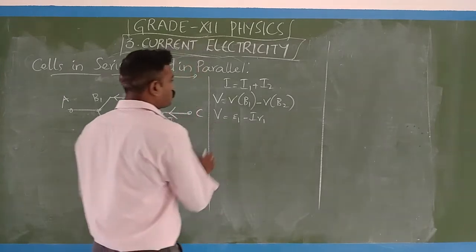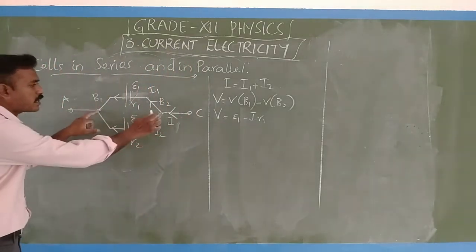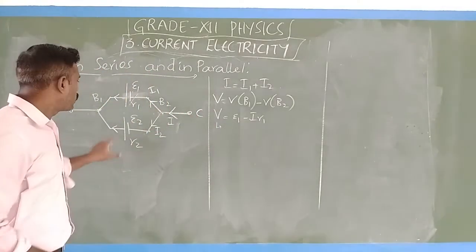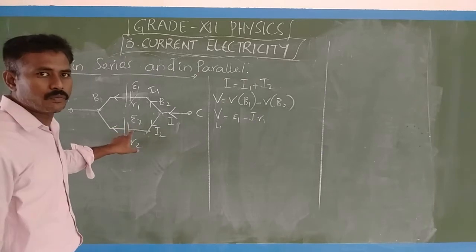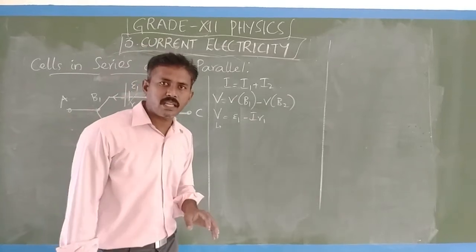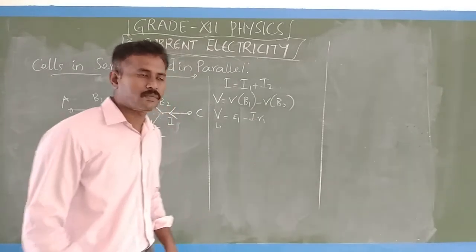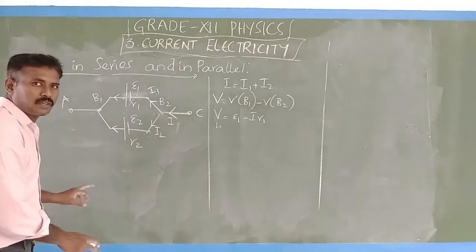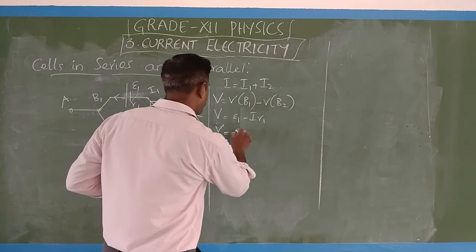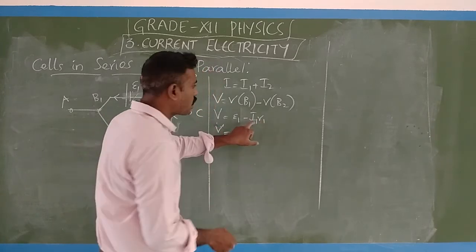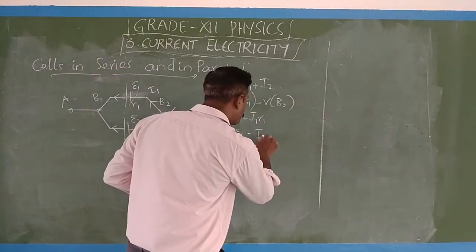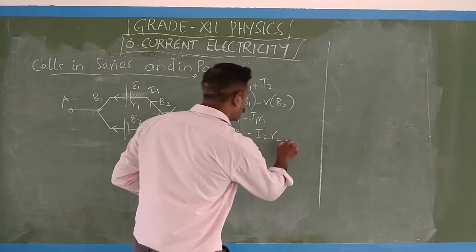Now, this same voltage V is applicable for E2 as well. Since these two are in parallel, the voltages are the same. As per the theory, in parallel the voltages are the same. So since this same voltage is available, V is E2 minus, sorry, this is I1 actually, I1 is the current flowing, not I2 times R2.